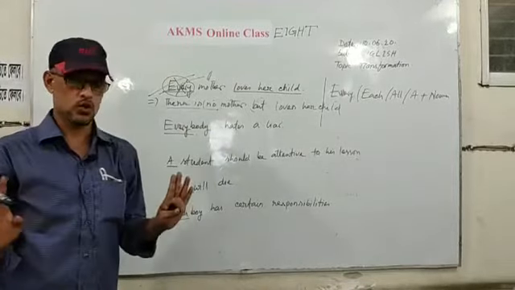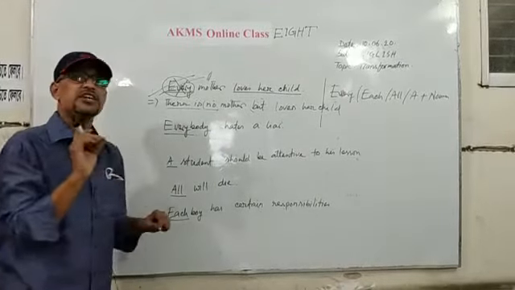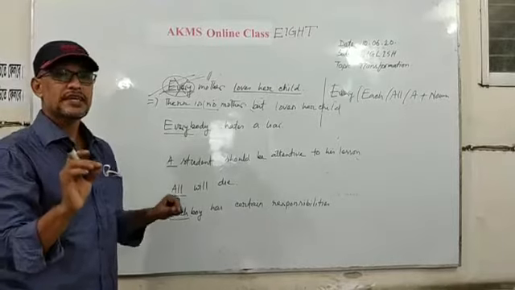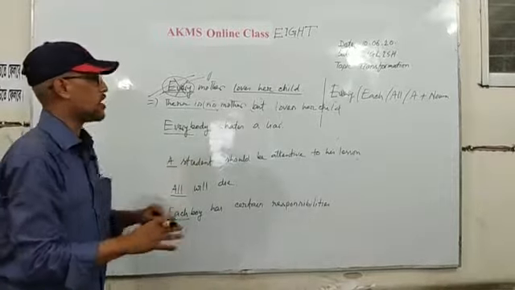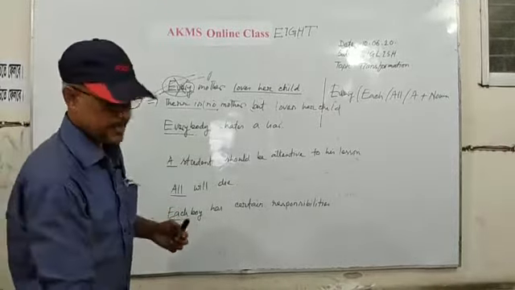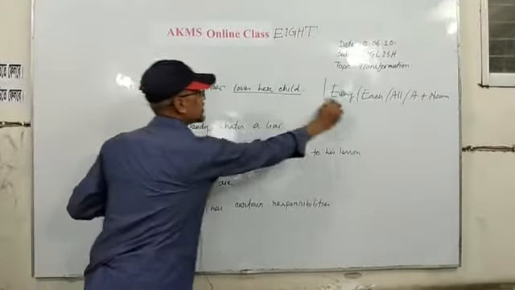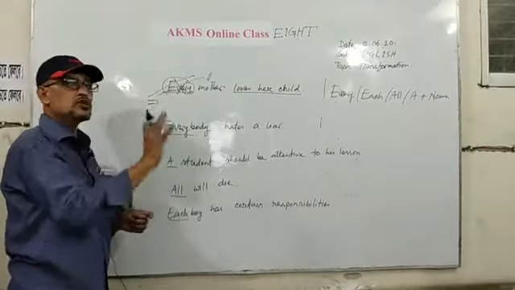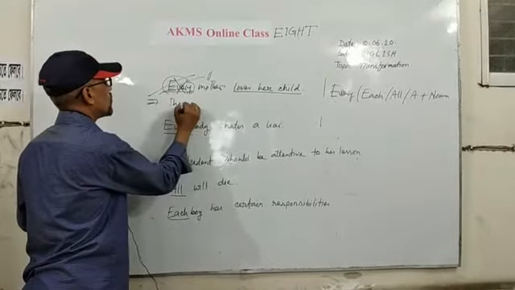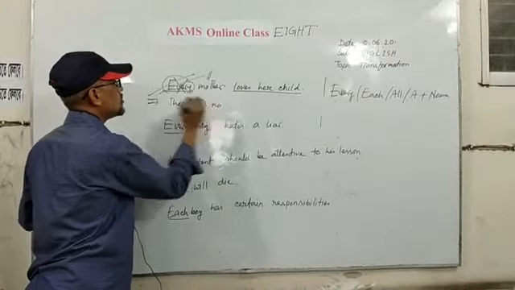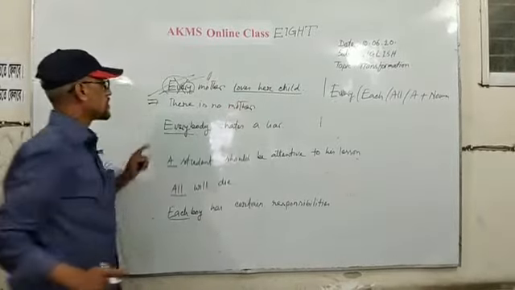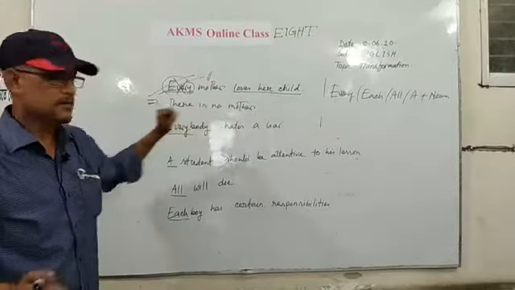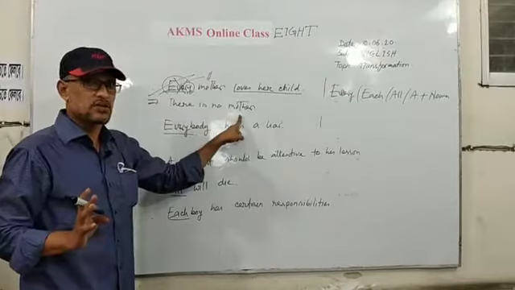It is one rule. But if you want to make it negative in another form, you should also use there is no. By erasing every, then you will use mother. There is no mother. Mother is a person.